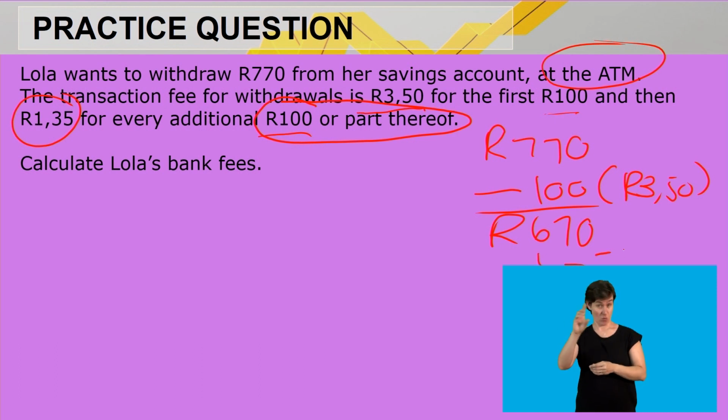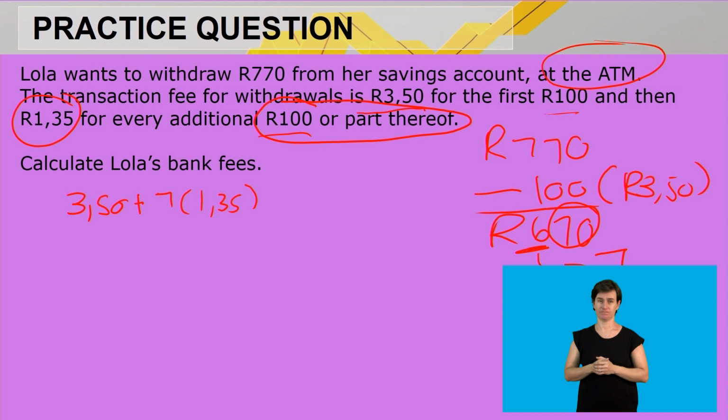Now, how many hundreds are there? There's 7. 600 and the 70 is the 7th one. So therefore, we are going to say it is R3.50 plus 7 times 1.35, and that is then a total of R12.95.